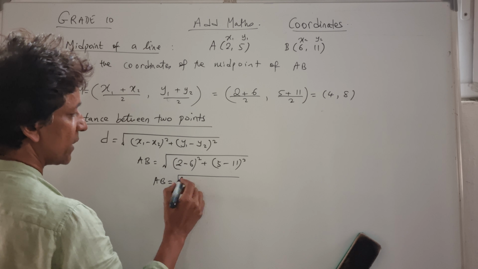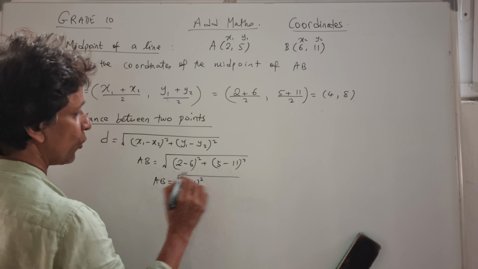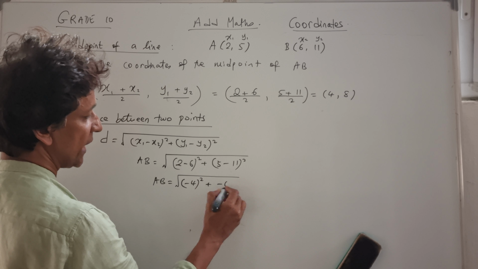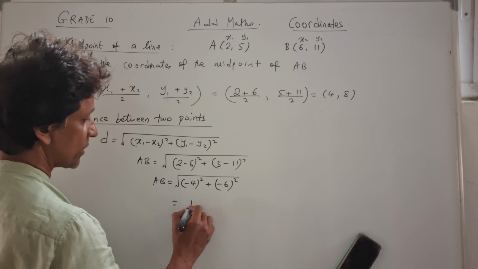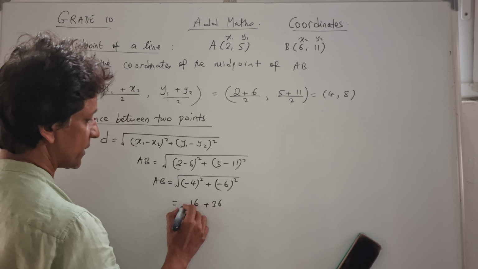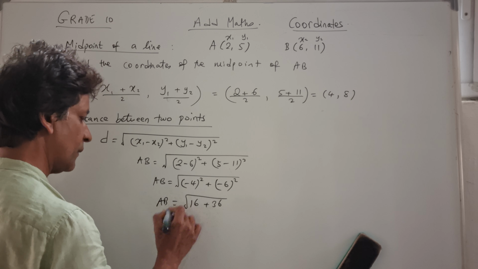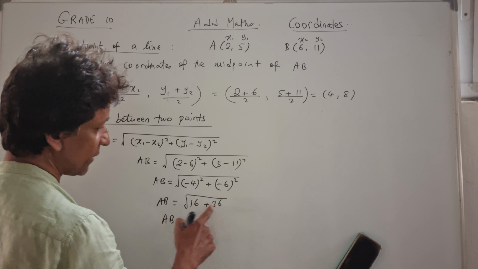2 minus 6 is negative 4. I've got (negative 4) squared. Always put a bracket if it's a negative number, plus (negative 6) squared. So that becomes 16 plus 36. What is 16 plus 36?